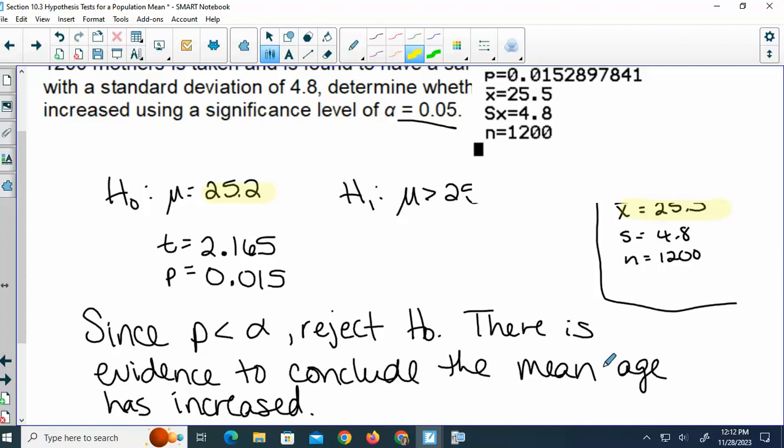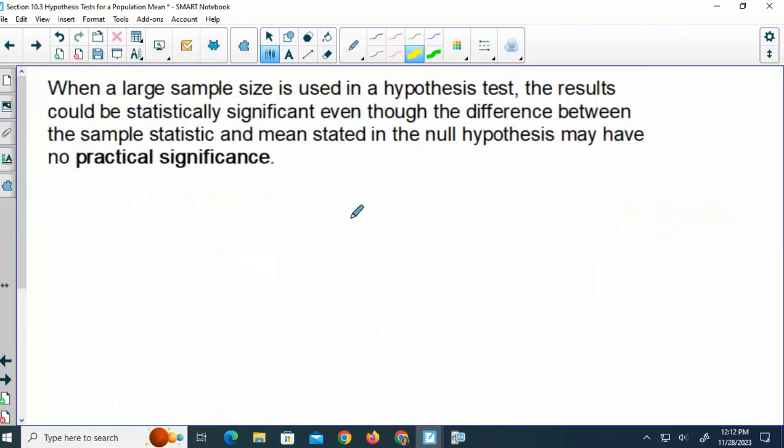So while we found a difference, it's not what we would necessarily consider practically significant. If you ever hear that term, it just means that while there is a difference, it really doesn't matter. In this scenario, it doesn't really matter if you're a couple months older. You're still 25 years old, so it's essentially the same.